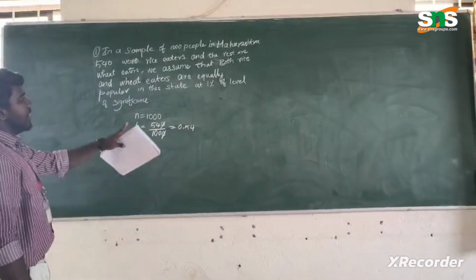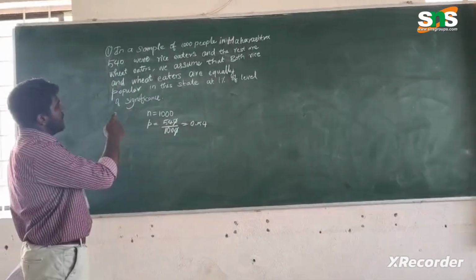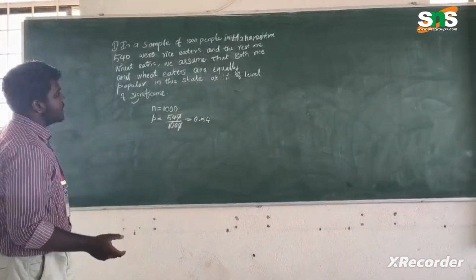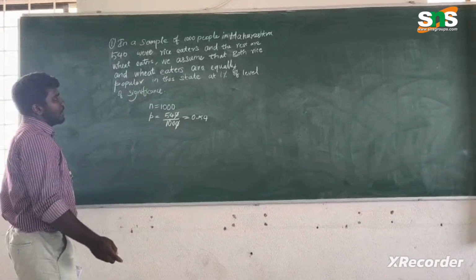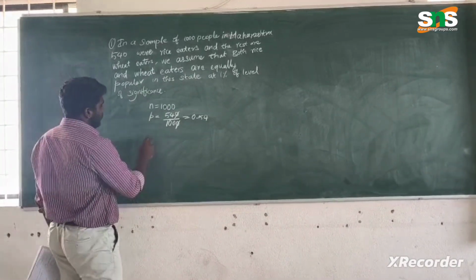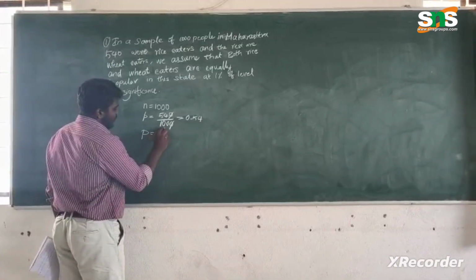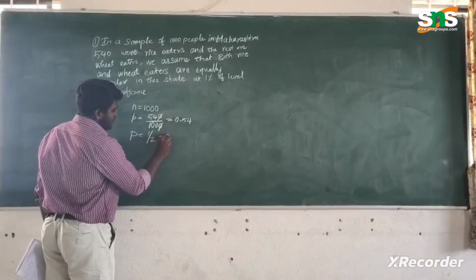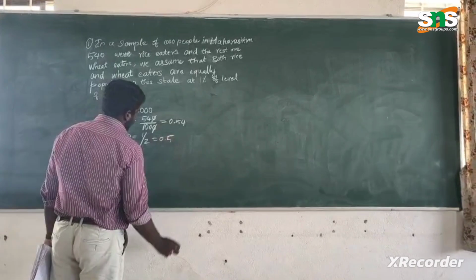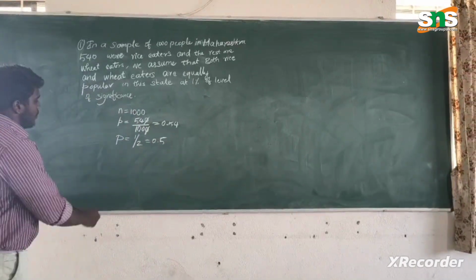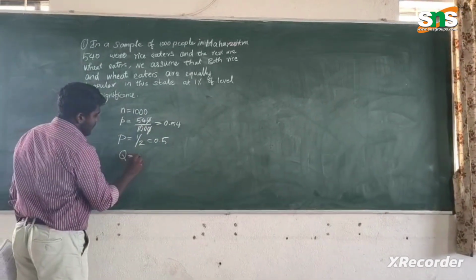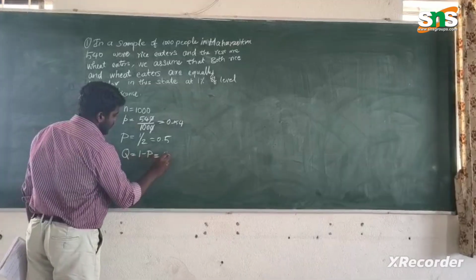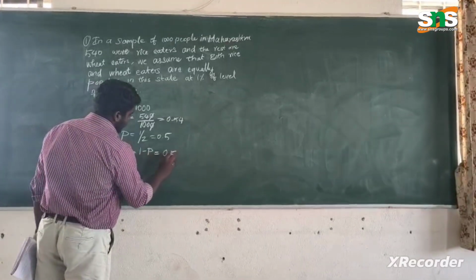And the probability that we assume states that both rice eaters and wheat eaters are equally popular in the state, so probability P is equal to 1 by 2, which is 0.5. And Q is nothing but 1 minus P, which is equal to 0.5 as well.